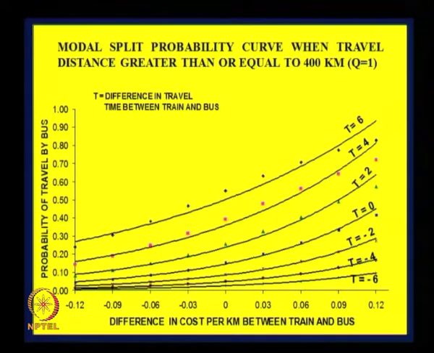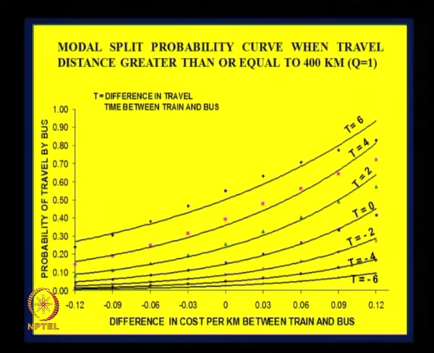We have made this curve by relating the travel cost difference and probability of travel by bus, and the variation of travel time difference is taken into account by making a set of plots for different travel time differences, and we have taken care of the value of q by assigning only one value for this particular plot, q is equal to 1. We also discussed the usefulness of this kind of plot.